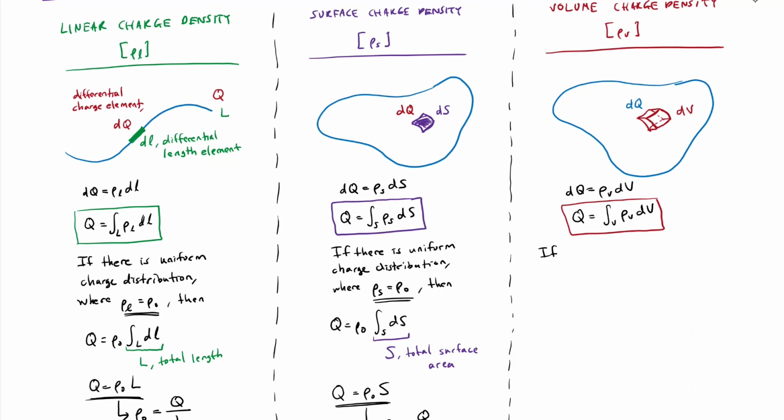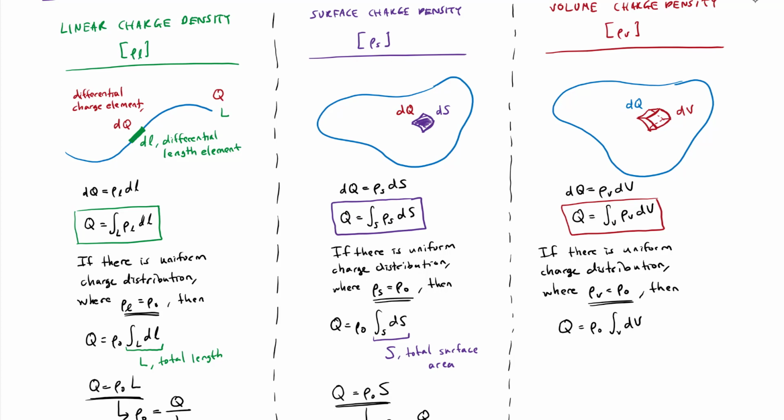And once again, we take a look at what happens if there is uniform charge distribution. Now we have rho v being equal to rho naught. Then Q is equal to rho naught times the integral of dV.